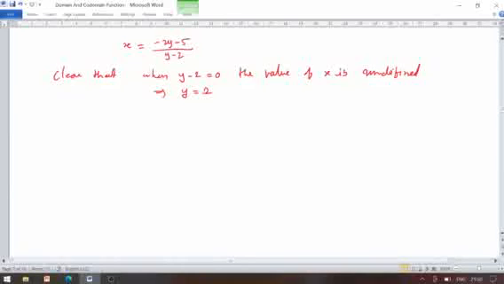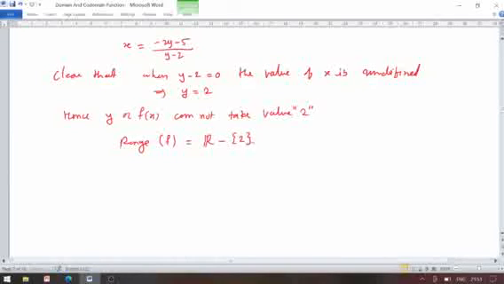So y equals 2 is the critical point for finding the value of x. Hence, for the given function y or f of x, it cannot take the value 2. So the range of the given function f is the set of all real numbers excluding the singleton 2.